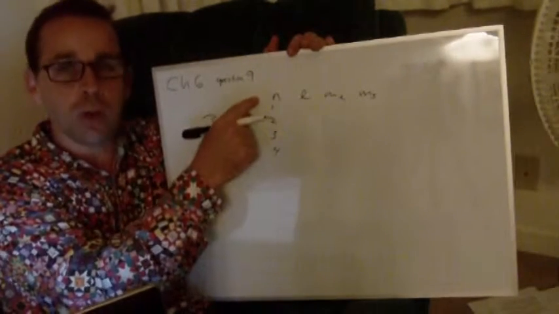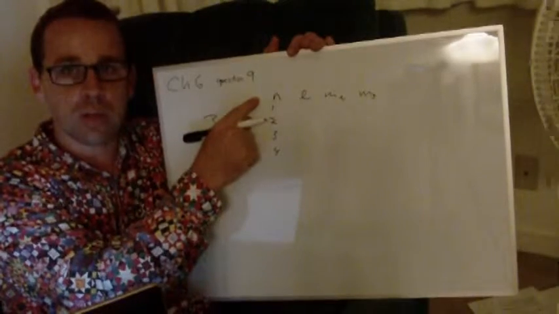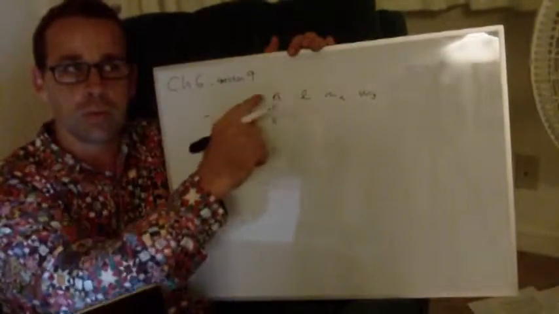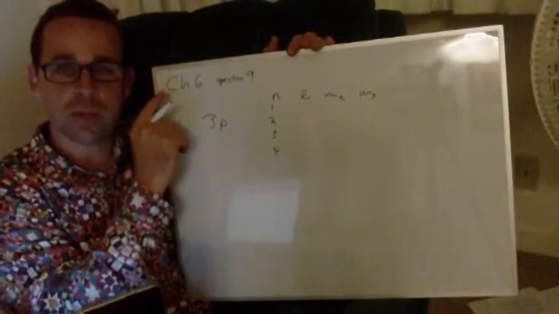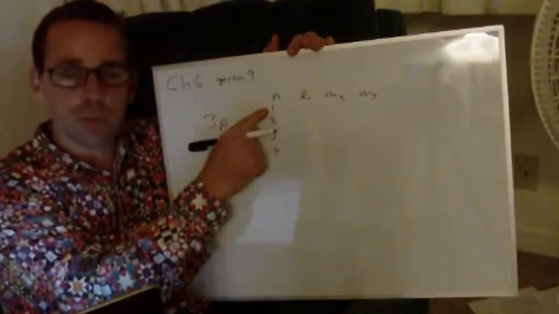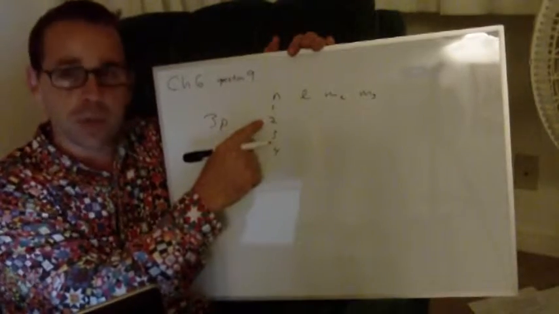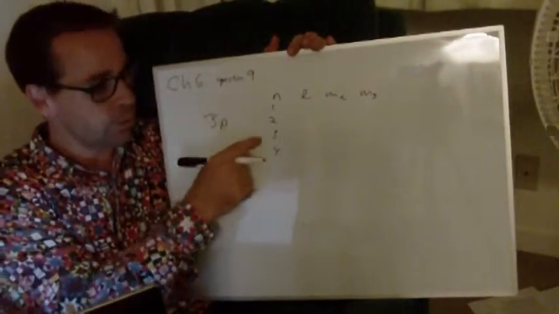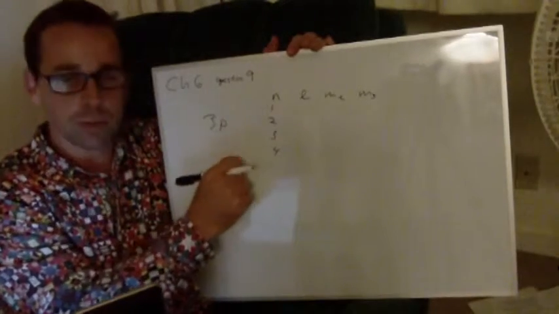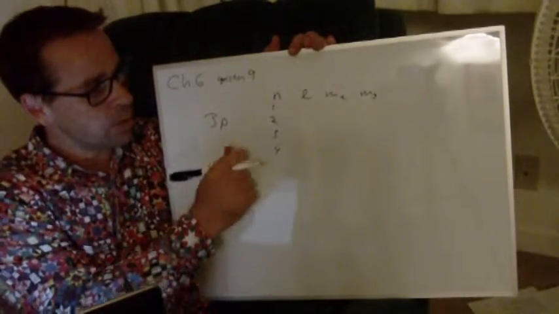Now that n value also corresponds to the row in the periodic table. The first row, hydrogen and helium, have an n value of 1. The second row, starting with lithium, going all the way across, have an n value of 2, and so forth. The third row, the fourth row. Those are our n values.